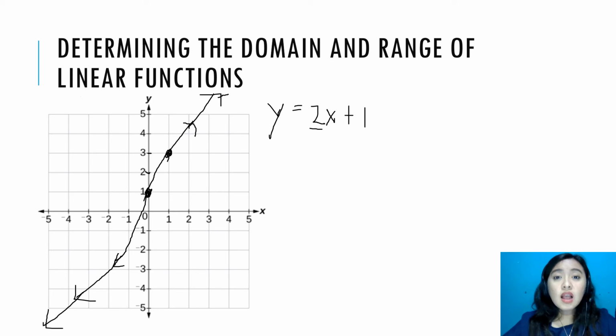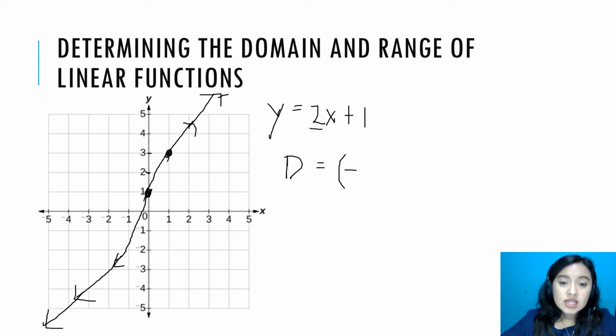It still extends, on and on. So, the domain, if we write it in symbols, you can say that the domain extends from negative infinity, since we cannot determine a value because it just keeps extending, to positive infinity. So that is the domain of our linear function.